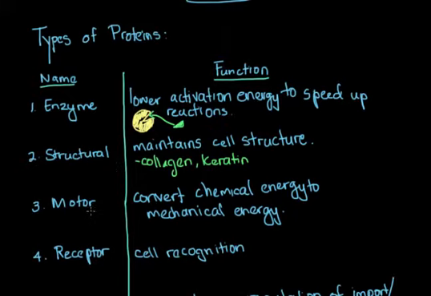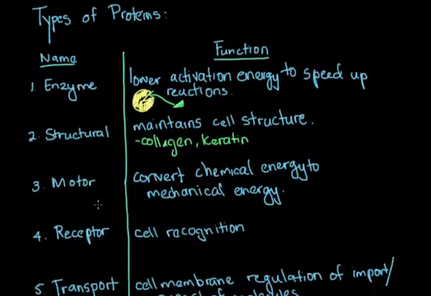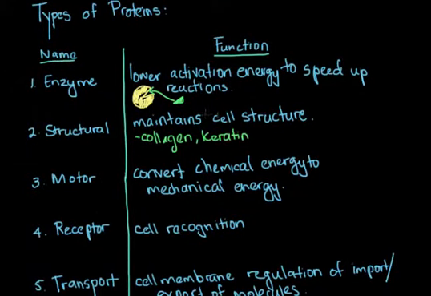Then there are motor proteins, and we've seen quite a few of these, probably in high school biology as well. These proteins convert chemical energy into mechanical energy. One good example is in the cell respiration processes: ATP synthase is a type of protein embedded in the membrane, and it is a motor protein because there's actually a movement that causes ATP to be generated by the hydrogen gradient existing in the mitochondria.